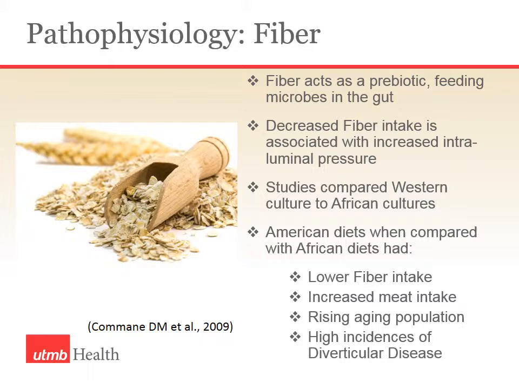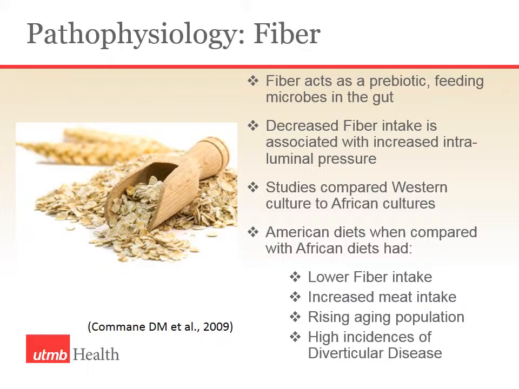And when they looked at different cultures other than Asian countries, they compared Western cultures and African cultures. Well, when looking at the Western, specifically American cultures, they had lower intakes of fiber and increased meat intake and a rising aging population. They also had higher incidences of diverticular disease.